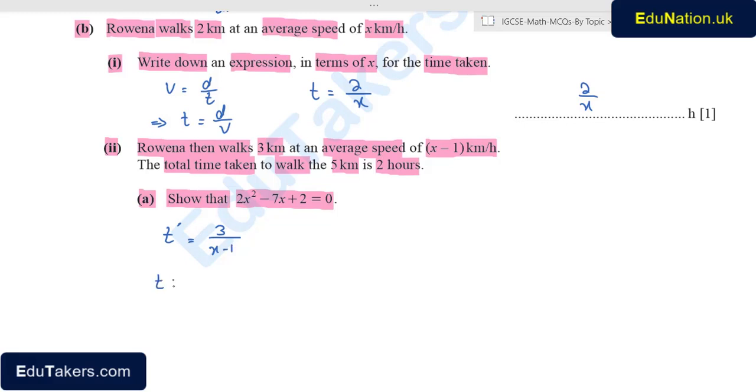Now t plus t prime will be equal to 3 over x minus 1 plus 2 over x, and the total time is 2 hours. Taking the LCM of this side, x into x minus 1, we get 3x plus 2x minus 2.